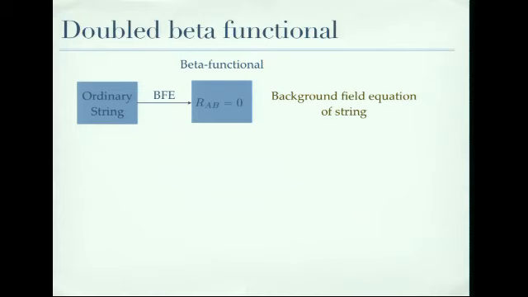Okay, so as I say, in the ordinary case, this is the Ricci tensor, which would be the beta functional for the string sigma model, just in terms of G without the antisymmetric B, and that's the background field equation of the string.